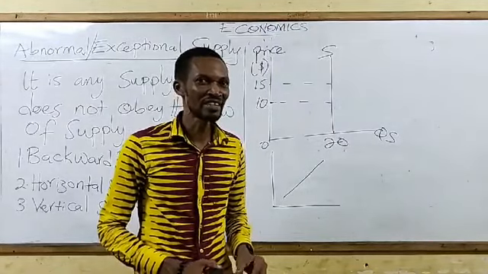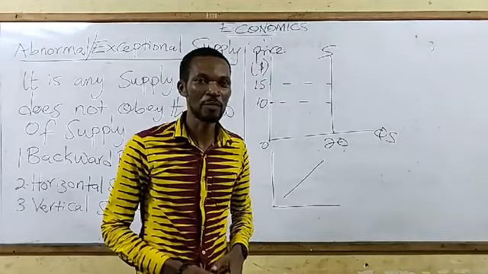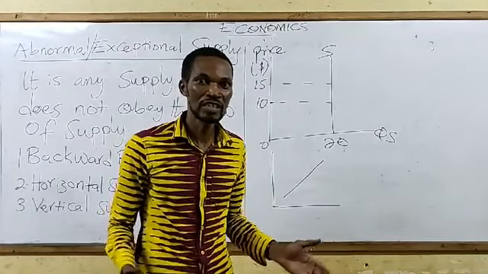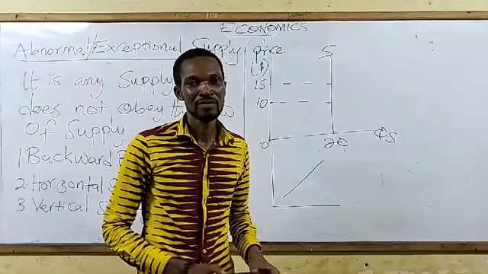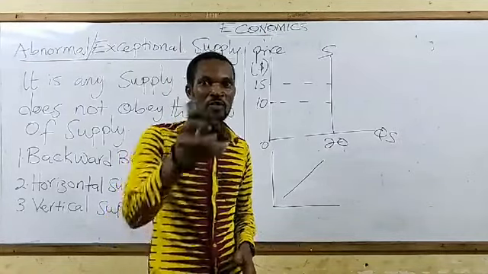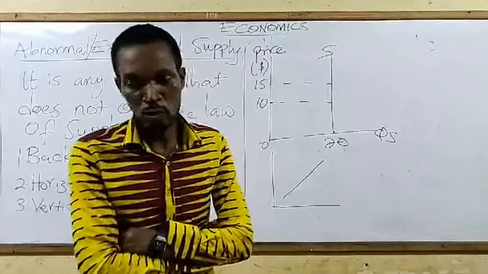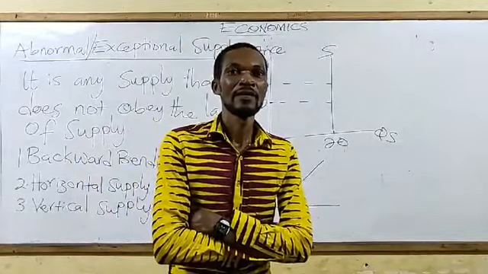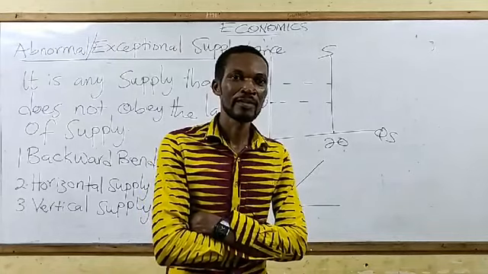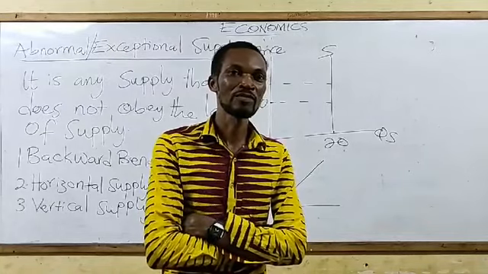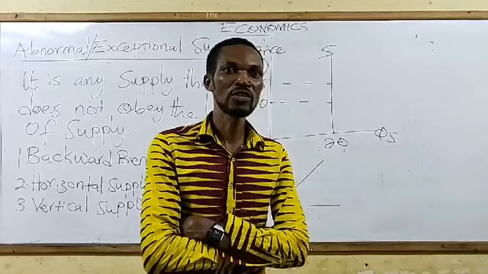And do we have any product that can have this type of supply? Absolutely yes. You can think through. But assuming that you produce something like pineapple. You are a producer of pineapple.